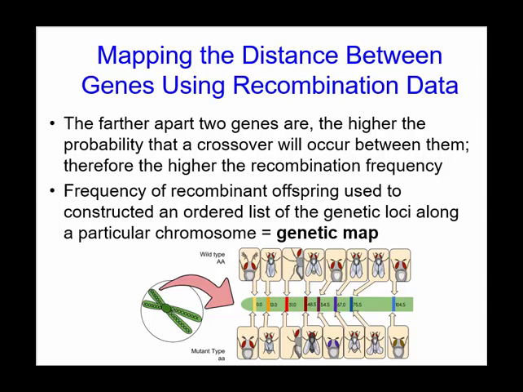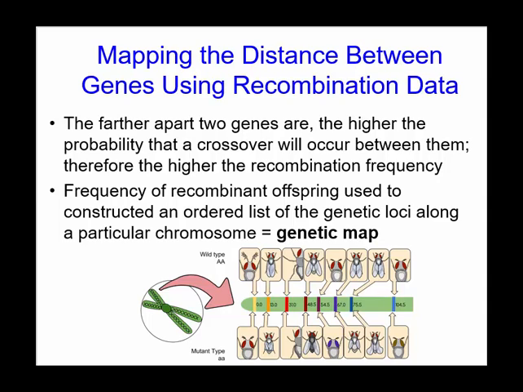Now, the further apart that genes are, the more likely one of those recombination events is going to occur during prophase 1, right? There's just more space in between, so they're more likely to have a break and reconnection in between things that are far apart. If they're really close, the likelihood of a break happening there in that tight spot and recombination occurring is much lower. So you'd actually get fewer recombinants when you were looking at two different traits that are very close to each other.